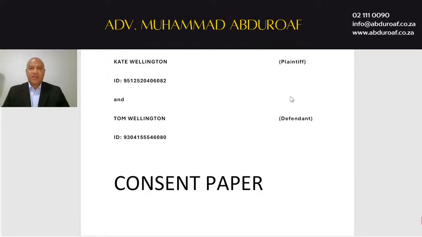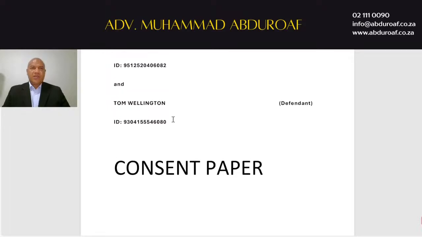If there's a pension fund involved, it might stipulate that the pension fund should pay half the pension interest to Tom and vice versa to Kate. If there are cars, it might stipulate that Tom keeps his car and Kate keeps her car, and whatever other important aspects there are regarding the joint estate.